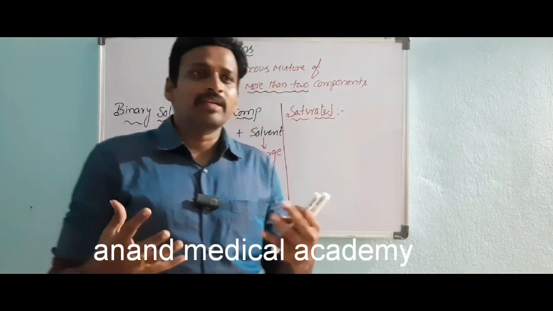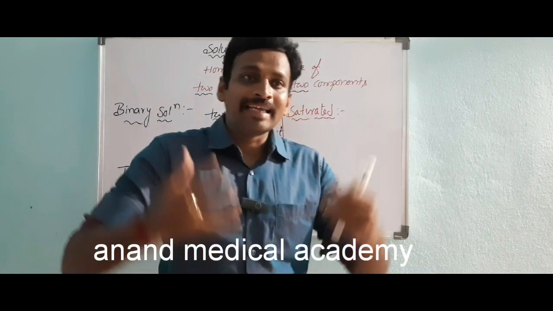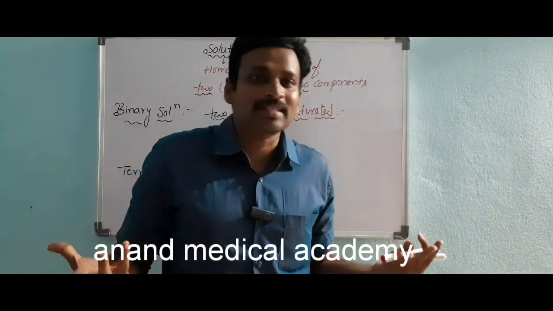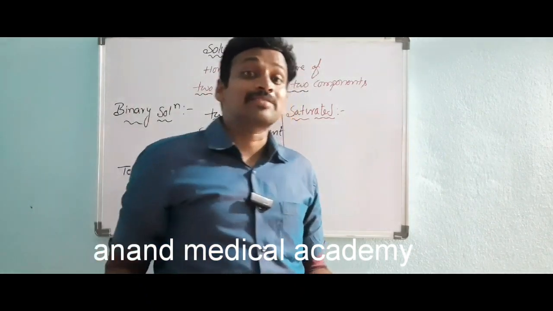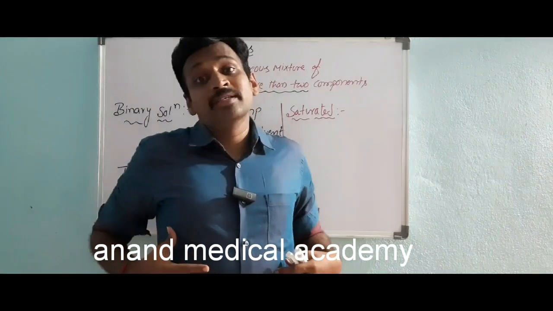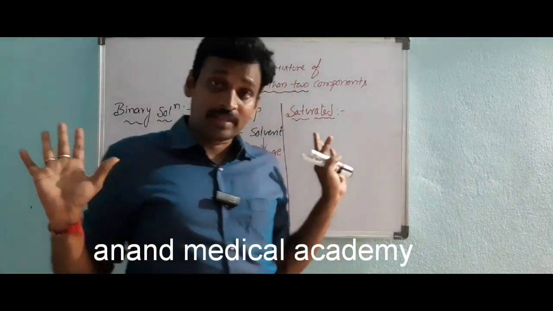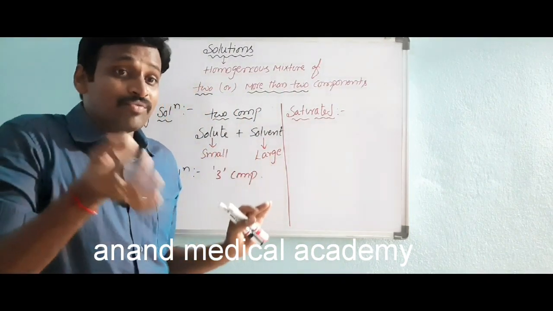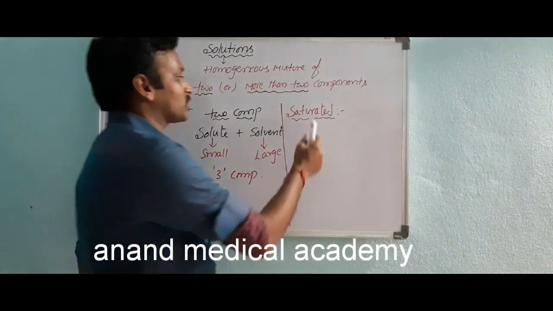Suppose somebody gave 5 sweets and my capacity is 10 sweets. I ate 5 sweets, so that is unsaturated, meaning I can still eat 5 more sweets. When I ate 10 sweets, now I am in a saturated position. I cannot eat anymore. If I am going to eat the 11th one, that will be a problem.